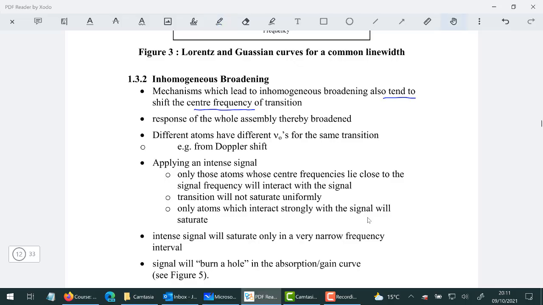So if you think of things like Doppler broadening, the frequency should be at some center frequency nu naught, but it isn't. Because the atom is moving away from us or towards us, we see the frequency at a different value. It's shifted up or down depending on the direction. And so what we have is lots of atoms or ions or molecules, depending on what the material is made of, and they're all doing their own thing.